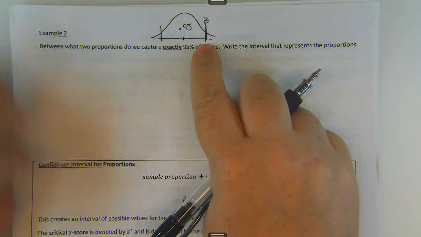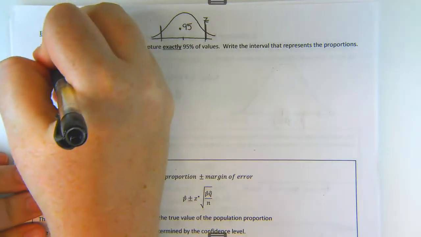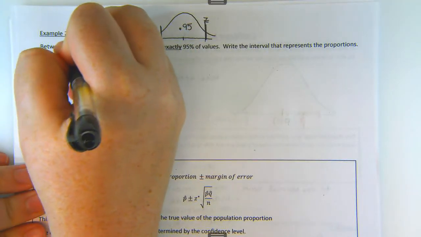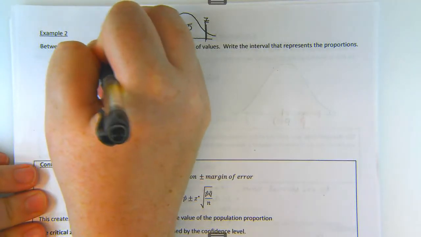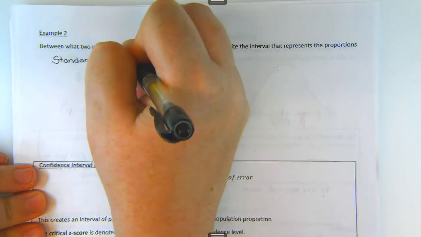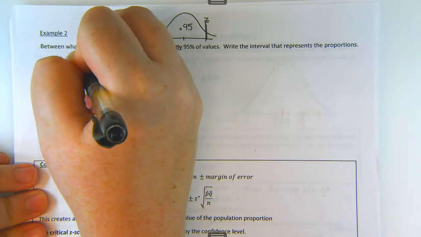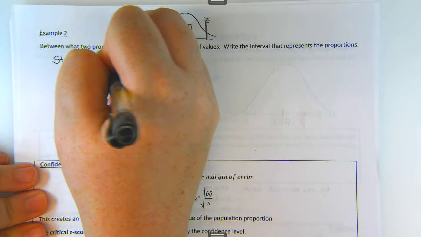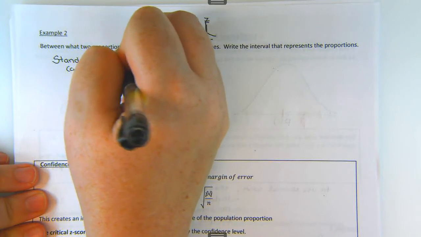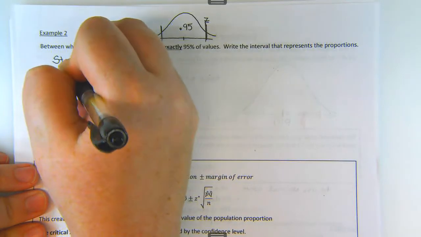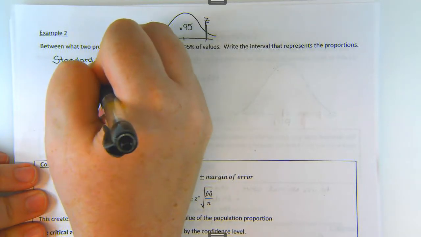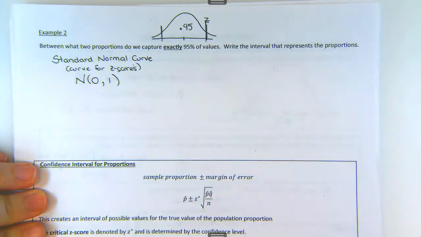So finding z-scores, that's where we need to go to the standard normal curve. That standard normal curve is our curve of z-scores. And remember, this curve always has a mean of 0, standard deviation of 1.